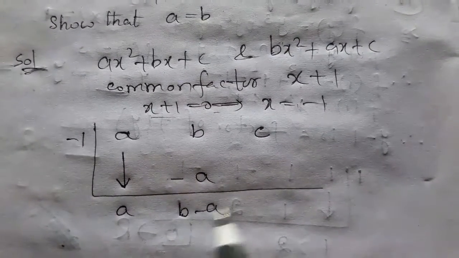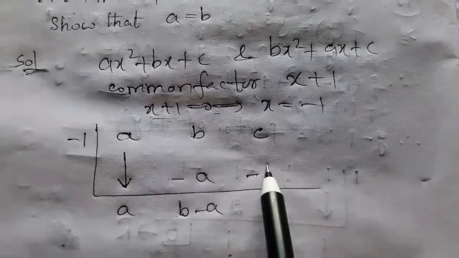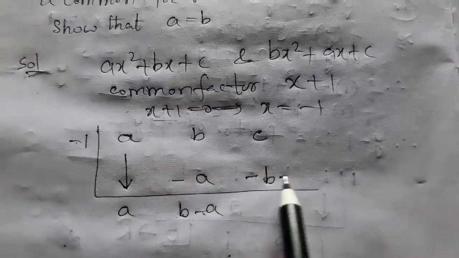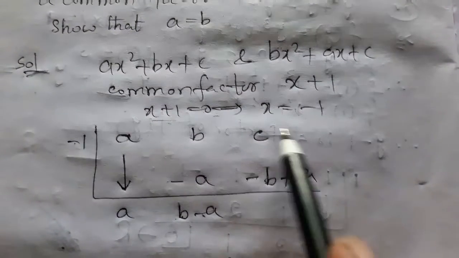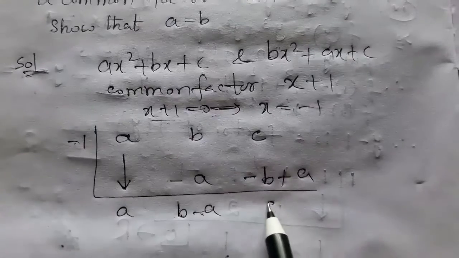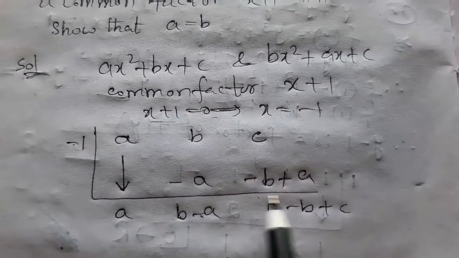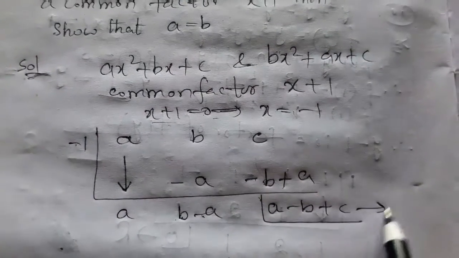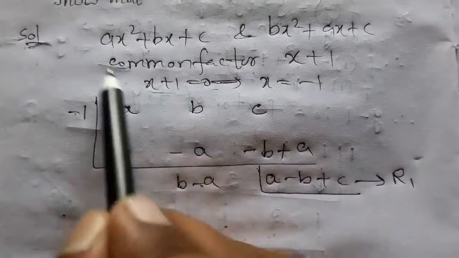Now minus into plus becomes minus, 1 into b became b. Minus into minus became plus, and 1 into a became a. Now add these three, that means a minus b plus c. This is the remainder, take R1. This is the first polynomial.